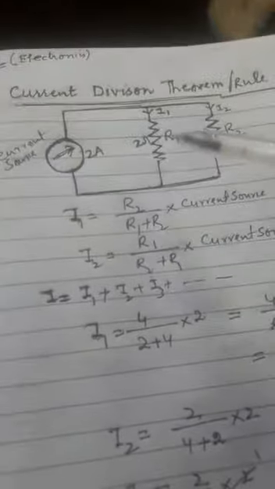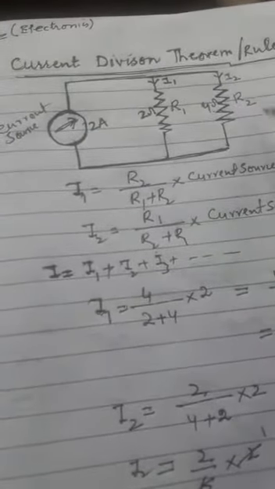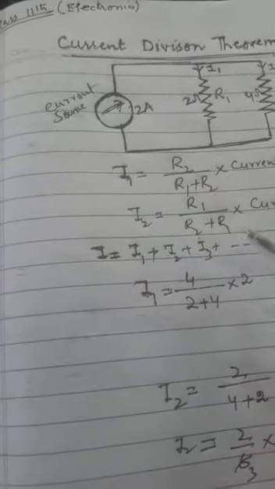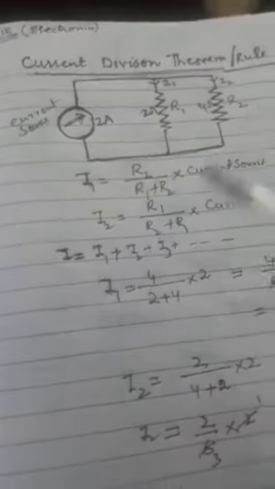When the resistances were connected in parallel, in the previous chapter I have shown you, we were taking I is equal to I1 plus I2 plus I3. At that stage, when the resistances were connected in parallel, current was taken in divisions.